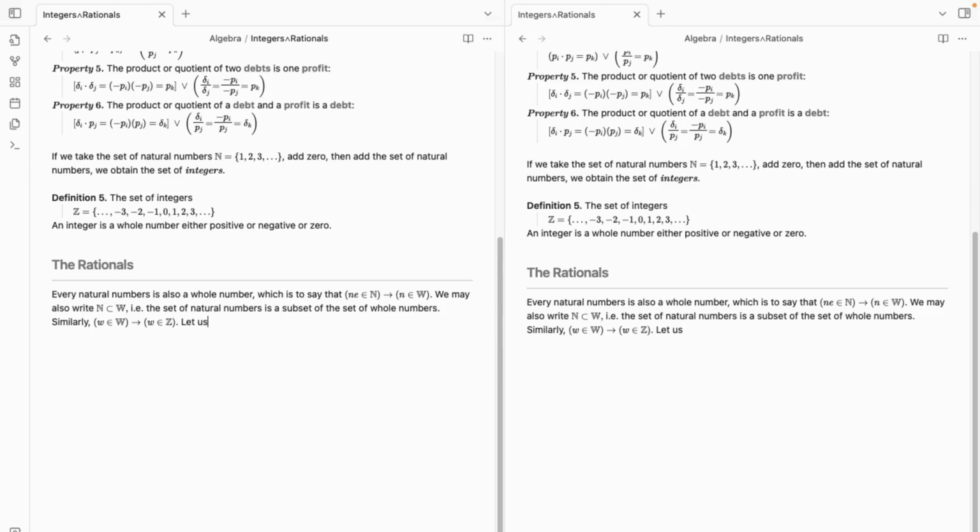All right. So let's introduce the notion of a rational number to characterize any number that is the ratio of two integers.